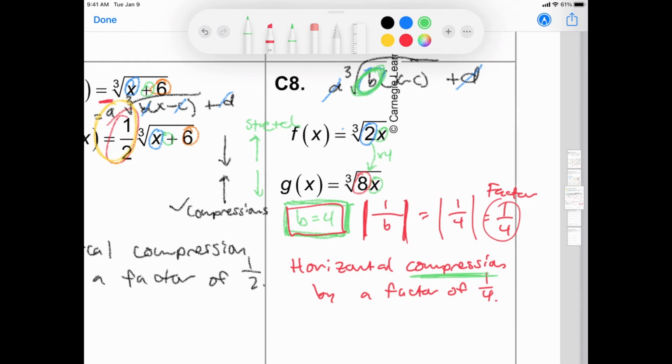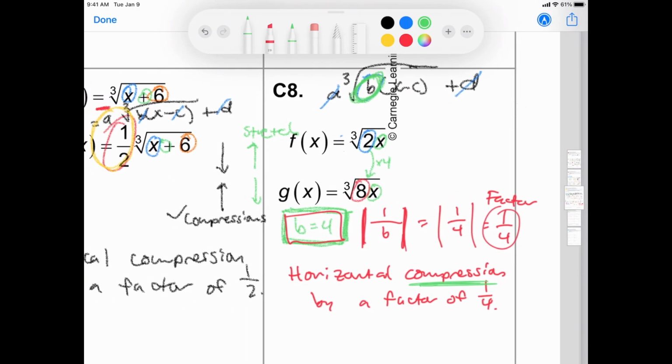Let me show it to you one other way by using a table of values. Again, I'm trying not to use the graph. So for the blue one with a table, 2 times some number x, for x I'm going to put 4. Why did I pick 4?